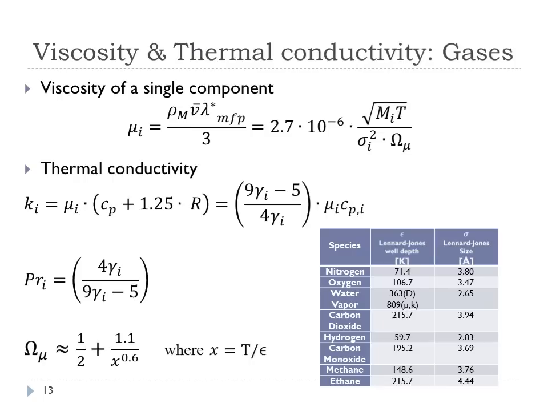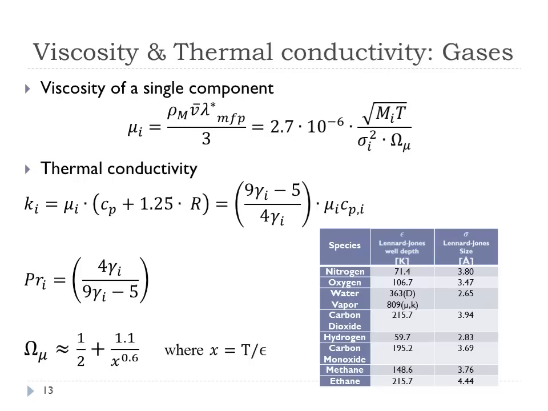And then divided by the cross-sectional area squared times sigma sub mu, where sigma sub mu is a cross-sectional integral, or a collision integral, and it's defined at the very bottom here.